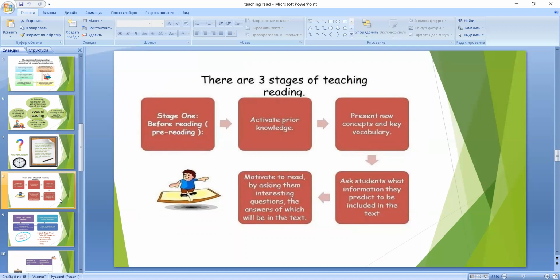For example, before giving the text, we can put some questions to the students. For example, what kind of text is it? Or the next question could be, what kind of books do you like to read?